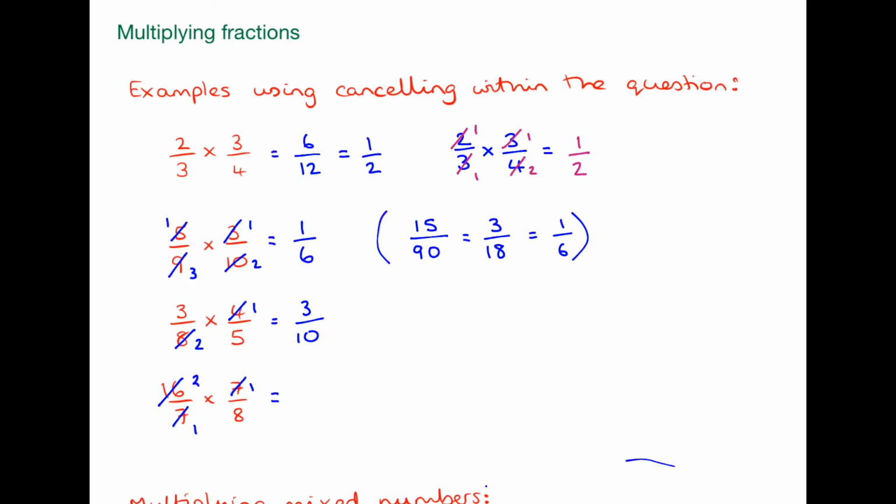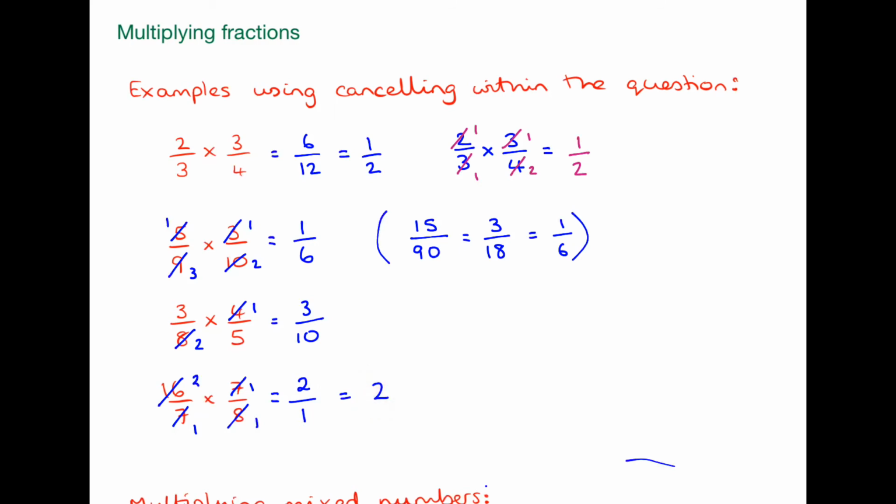So 16 is 2 times 8 and 8 is 1 times 8. So you get 2 times 1 is 2 over 1 times 1 is 1. But remember, 2 over 1 means 2 divided by 1. And 2 divided by 1 is just 2. So when you get an answer that's over 1, you can just lose the 1.